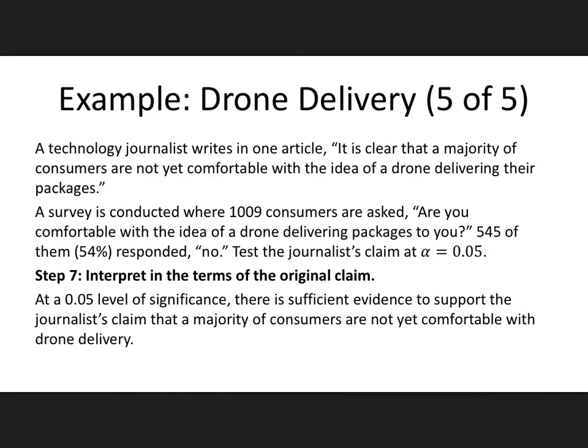Our last step is to write our interpretation, and here is one written out for you. At a 0.05 level of significance, there is sufficient evidence to support the journalist's claim that a majority of consumers are not yet comfortable with drone delivery.